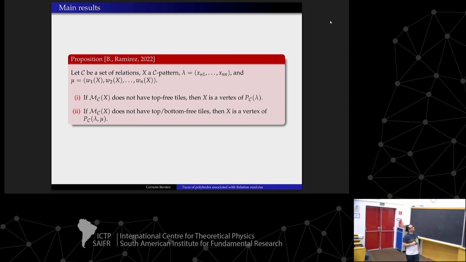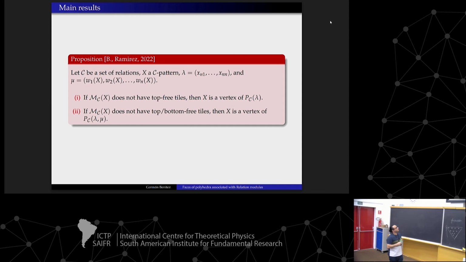Fixing a set of relations and a C pattern, we denote by lambda the top of the Gelfand-Tsetlin tableau, and by mu the vector of weights. This is a first step to classify the dimension of the minimal face containing the C pattern. In P_C lambda, recall that this is the polyhedron of all C patterns fixed at the top by lambda. We consider the tiling, the partition.